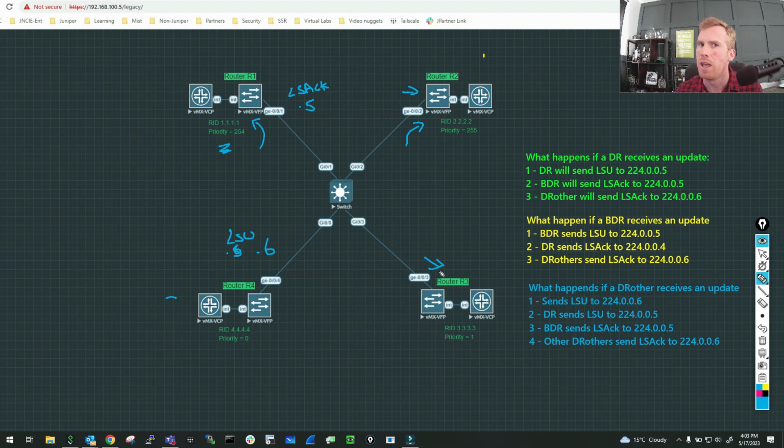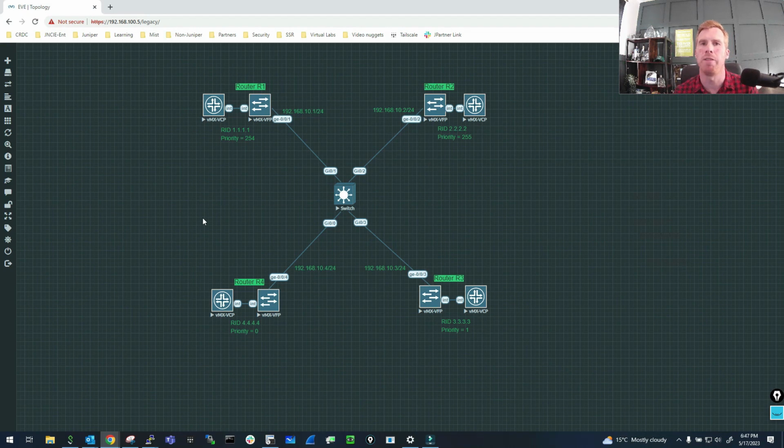And when that update has been received at all remaining DR others, it is then going to send its link state acknowledgement back to the 224.0.0.6. So then the designated router and the backup designated router know that all druthers in this network have got the same link state database. And remember, that's a really important part for OSPF.